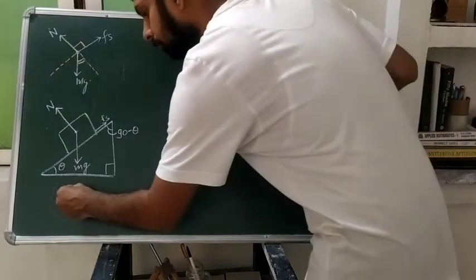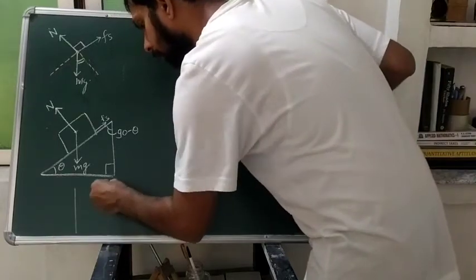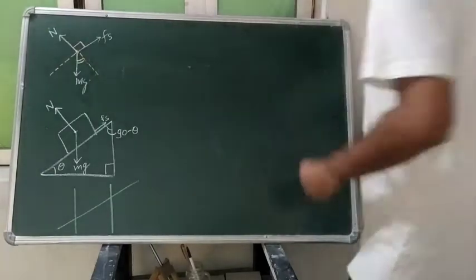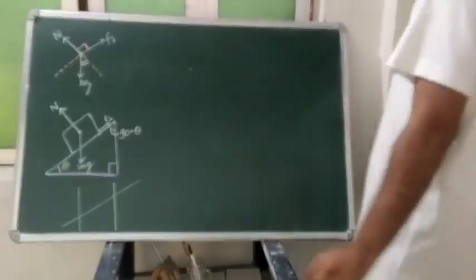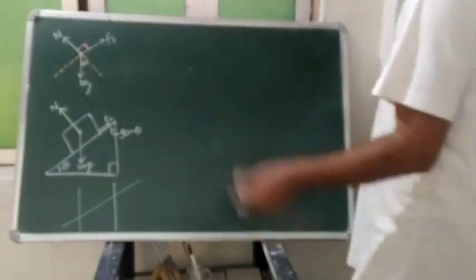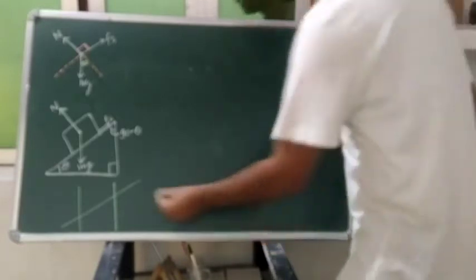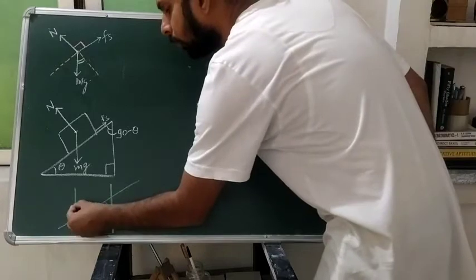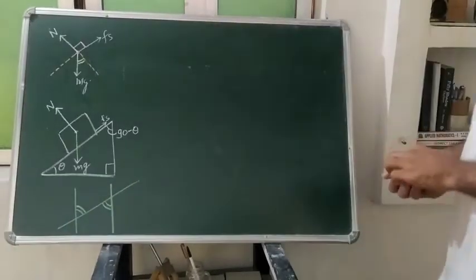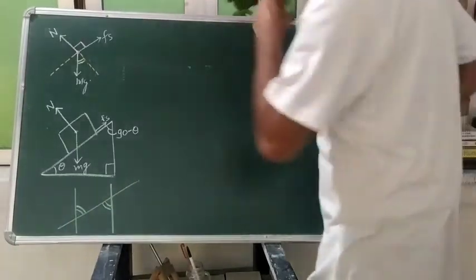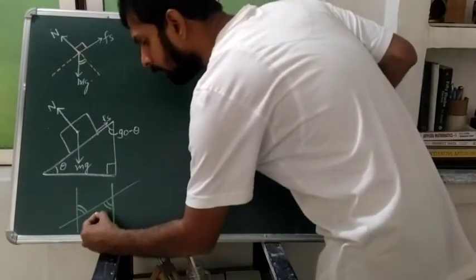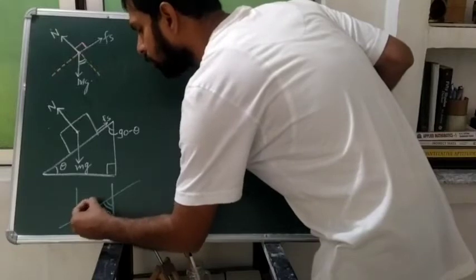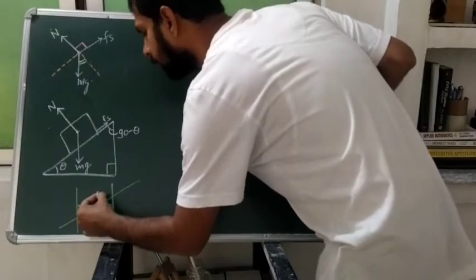Look, students, these two lines are parallel here, and a transversal line is intersecting these two parallel lines. When a transversal intersects two parallel lines, the interior alternate angles are equal to each other. So if this one is 90 minus theta, this one is also 90 minus theta.